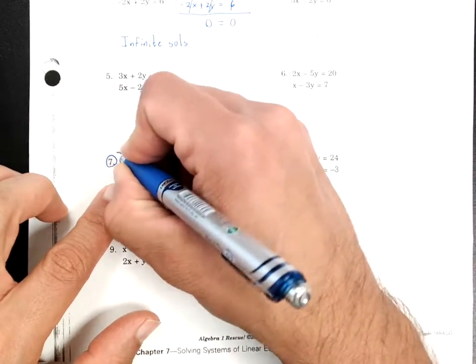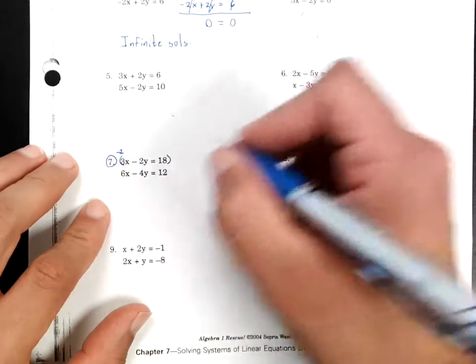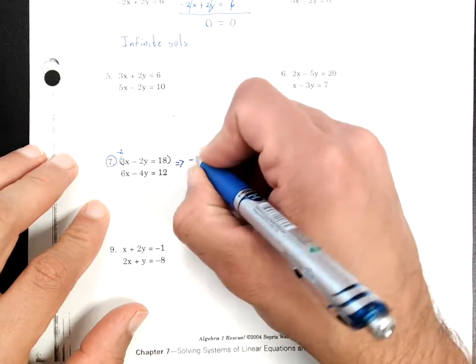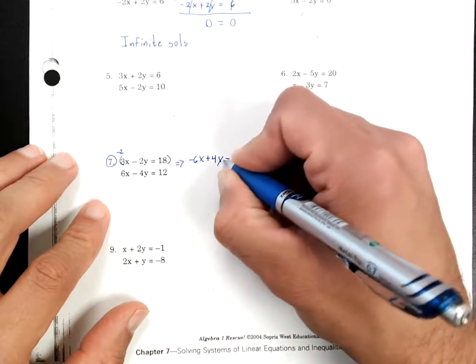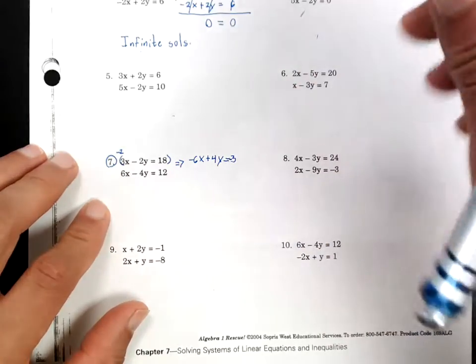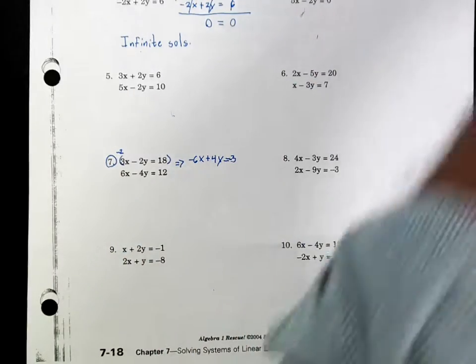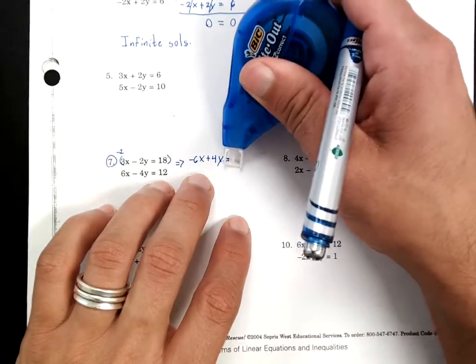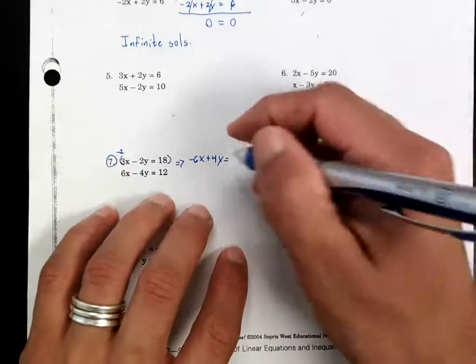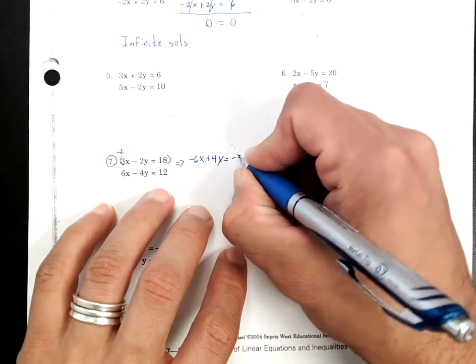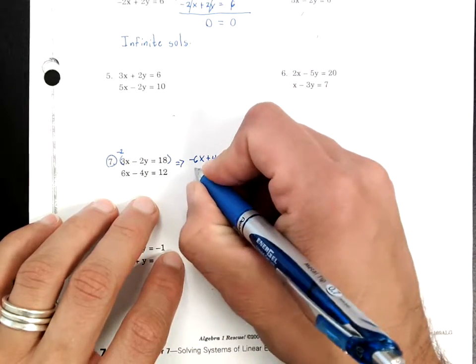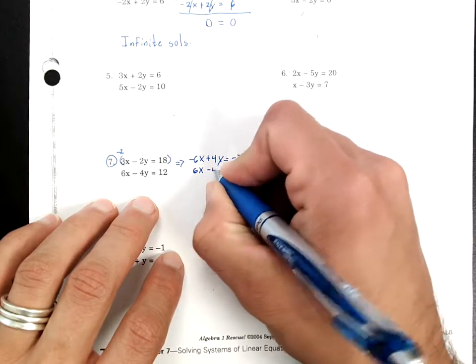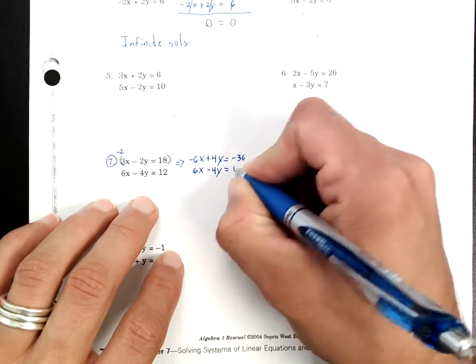I'm going to multiply this times a -2, so that would give me -6x plus 4y is equal to -36, and this one right here would be 6x minus 4y is equal to 12.